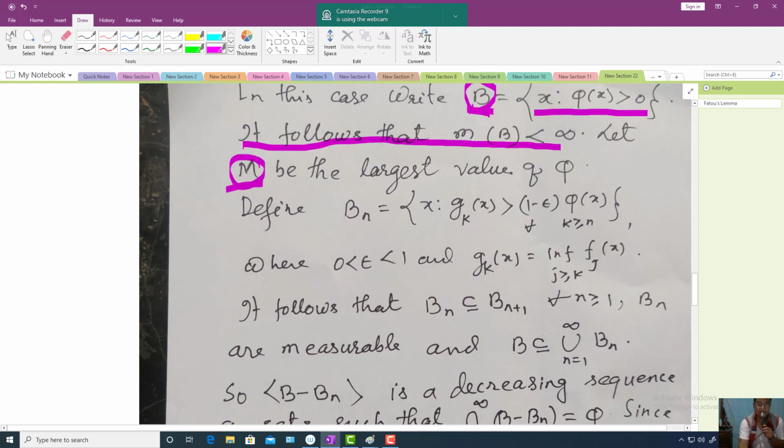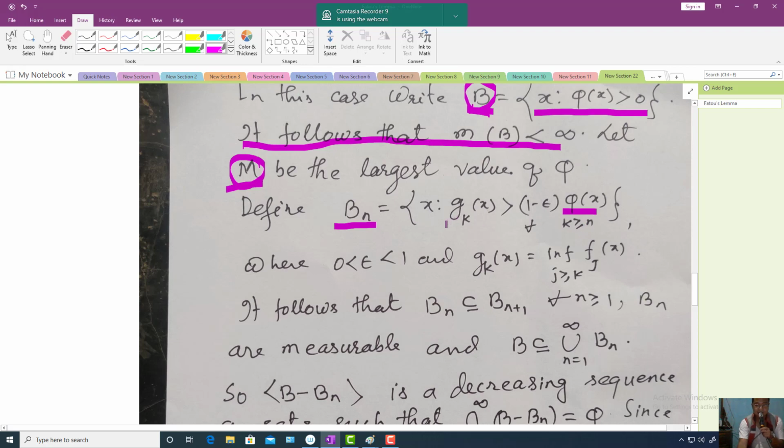So then you define Bn as the set of x such that g_k x is strictly greater than (1 minus epsilon) times phi x, for some arbitrary small epsilon. This right hand side is a real number, so this is x such that g_k x is greater than this, for all k greater than or equal to n.